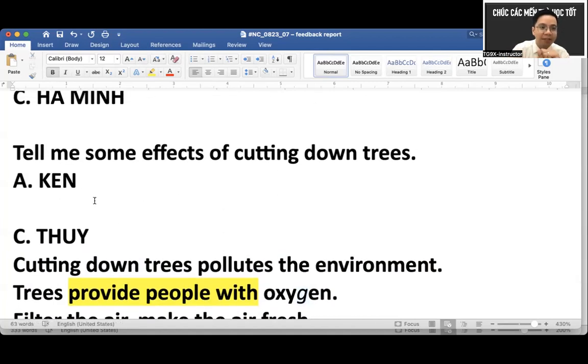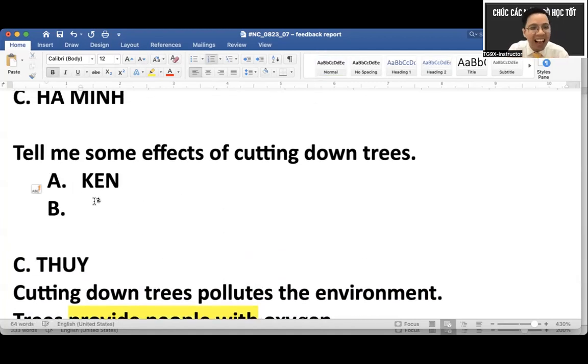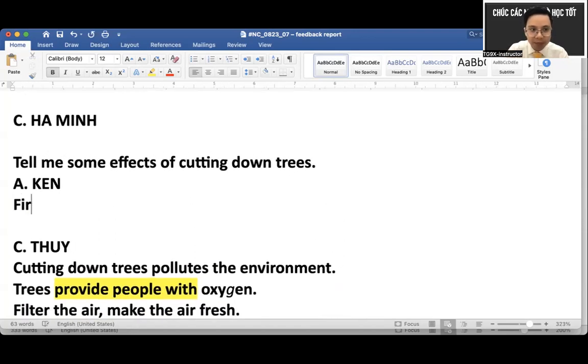Anken, what is your one idea first, please? What is one effect? Can you tell me, please? Okay, the first one is also the same with trees. The tree reduces our oxygen and makes the air fresh.